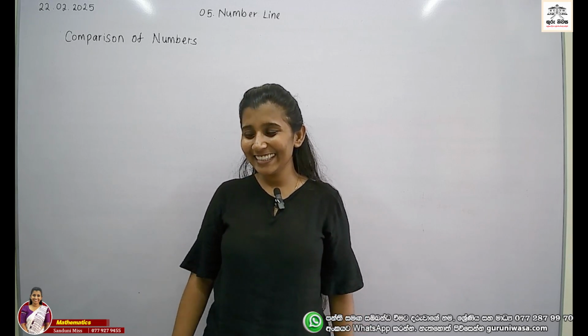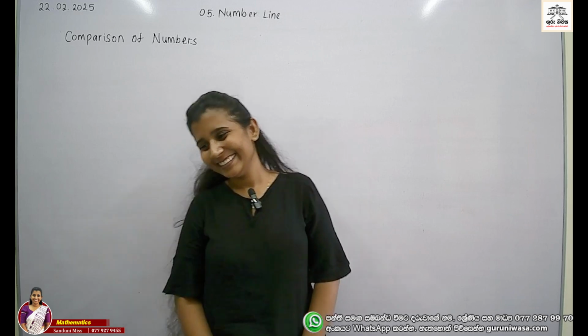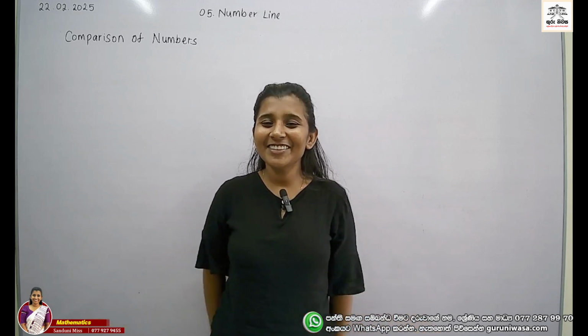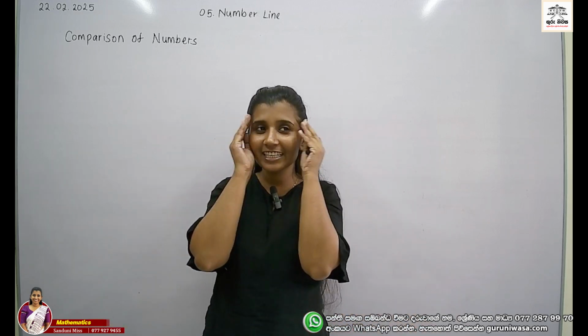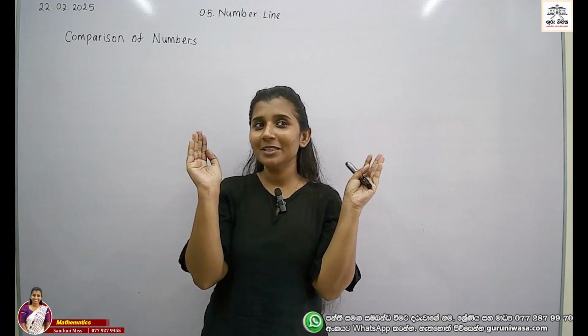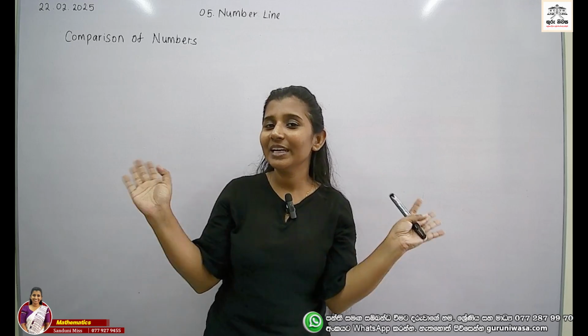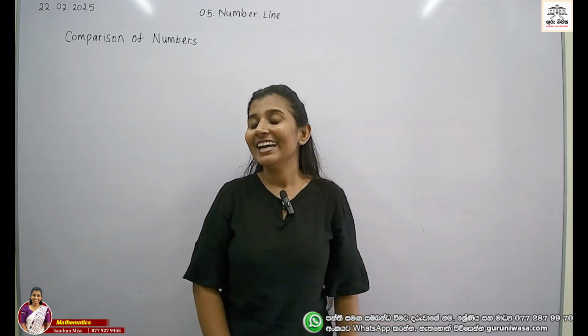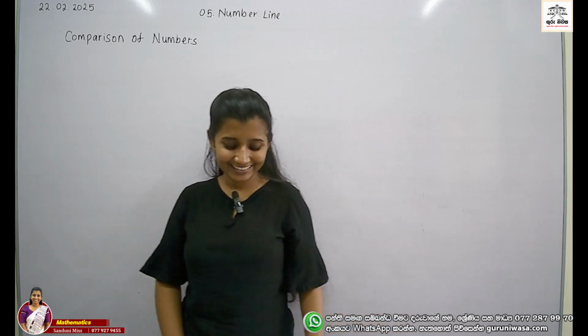Why are you smiling? Nothing, teacher. Right. Shall we draw a number line again? So this lesson, I told you, is very interesting, but the problem is you have to draw so many. Again, draw a number line.